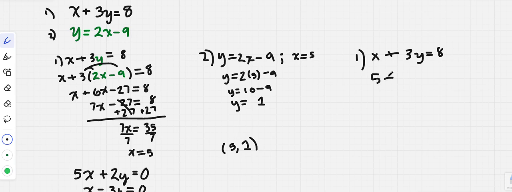Instead of y, we're going to put the number 1. 3 times 1. We already see it's correct. 5 plus 3 times 1 is 8. It's 5 plus 3, then it comes down to 8 here.